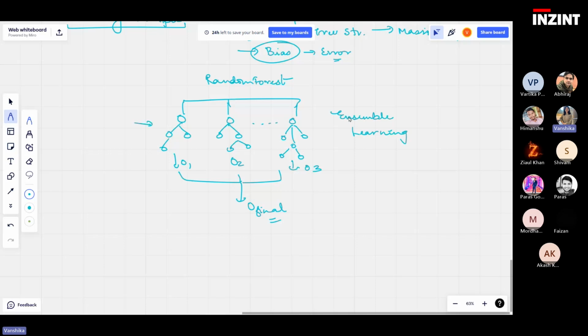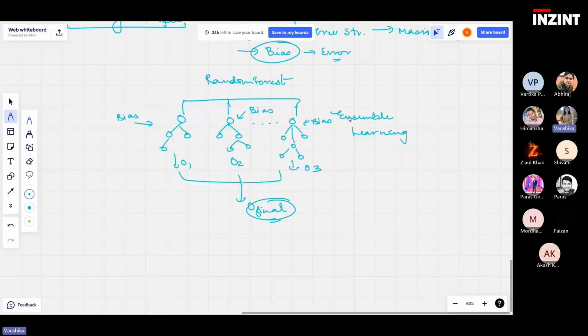Now, this tree will have some of the disadvantages, like bias. Similarly, this will also have some bias, and this will also have some bias. But what we are doing is we are not considering the output of one single tree. We are aggregating all the outputs of all of these decision tree models that are trained parallelly, and selecting the one that is coming in most of the trees, the most voted output.